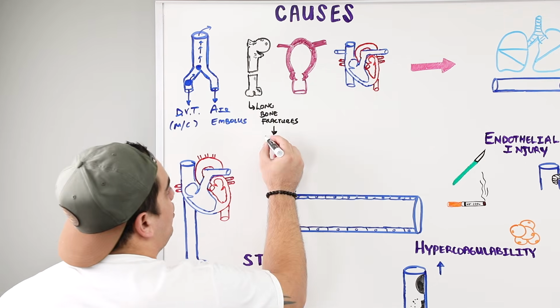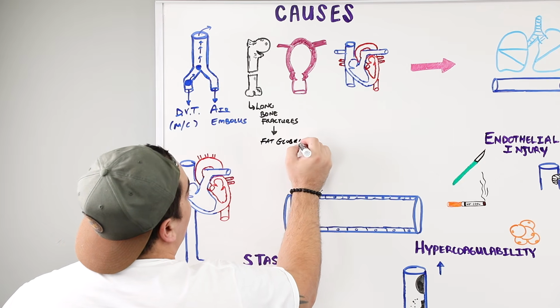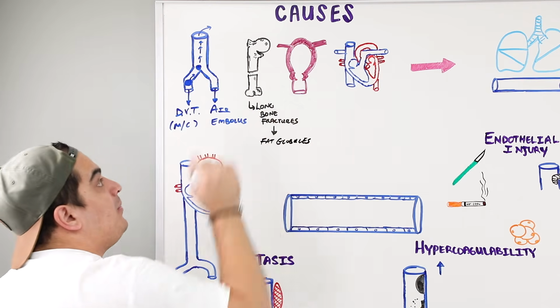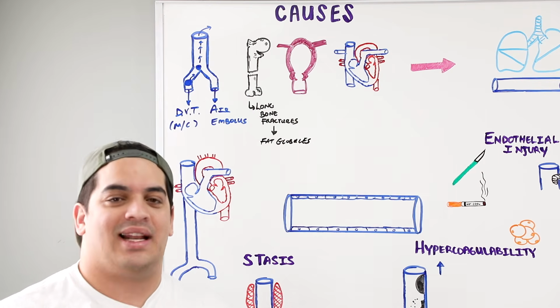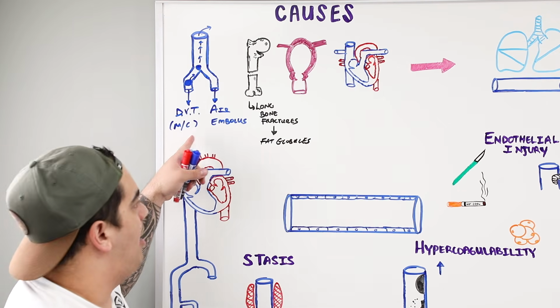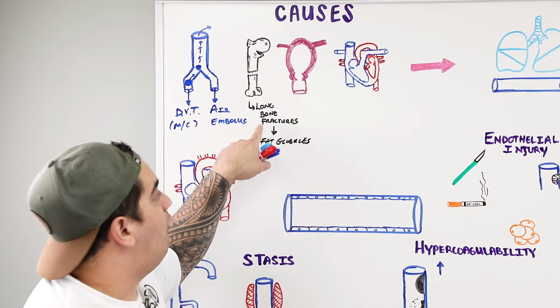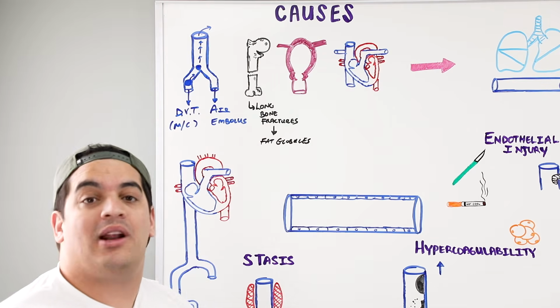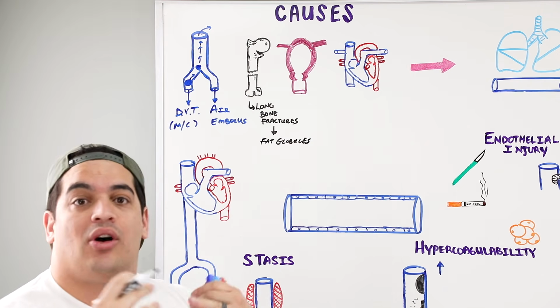And so you can actually break off fat globules. Those fat globules have the ability to get stuck in some of the pulmonary circulation and cause a fat embolus. So that is another thing to potentially think about. So we've got DVT being by far the most common, air embolus from scuba diving and rising quickly, the bends, and very big long bone fractures where you open up that medullary cavity and some of the fat globules get out into the circulation, aggregate and cause a fat embolus.